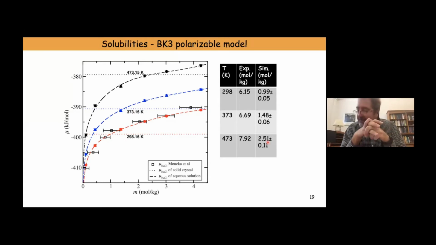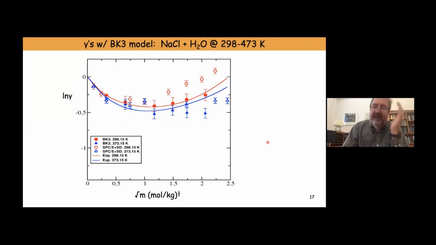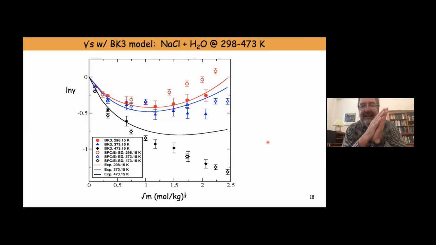No, you're absolutely right. My interpretation of this poor temperature dependence is that it's mostly a defect of the water model. But the ion models are also not clear that they are correct. It's not clear what the right value of the charge is.